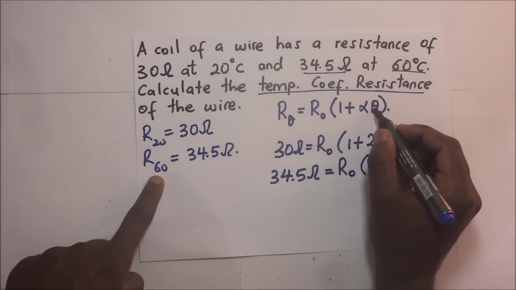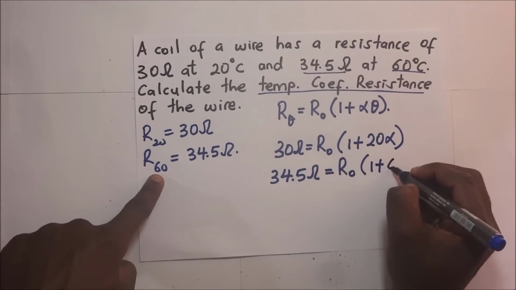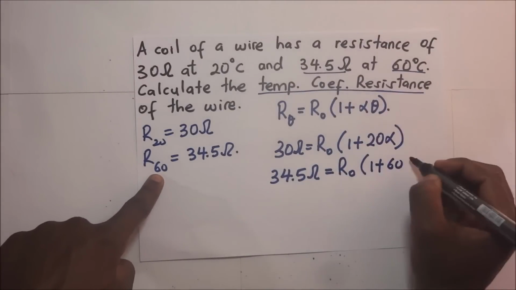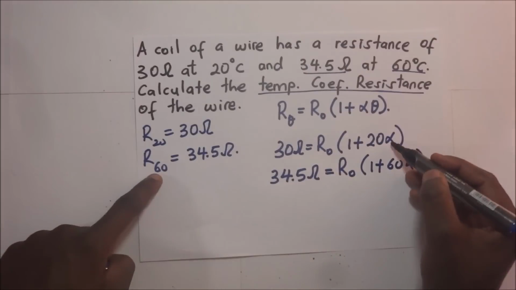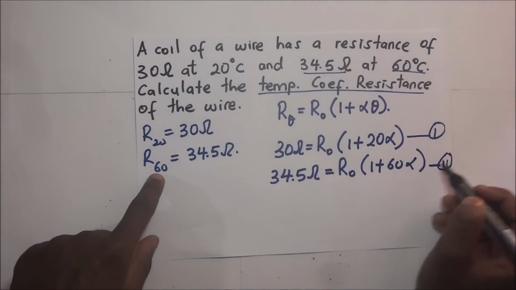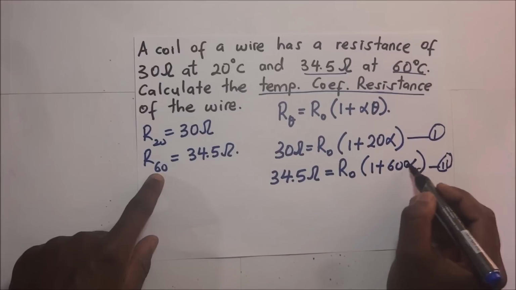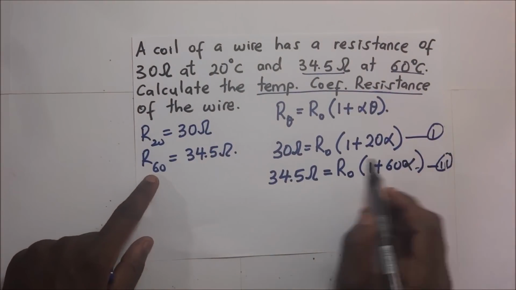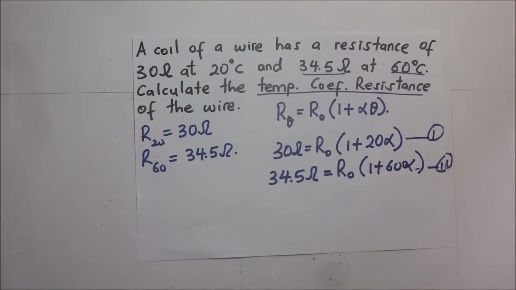Theta in this case is 60, so it is plus 60 alpha. This is our equation 1, this is our second equation, and we are interested in finding the value of alpha, so we are going to solve those two simultaneously.